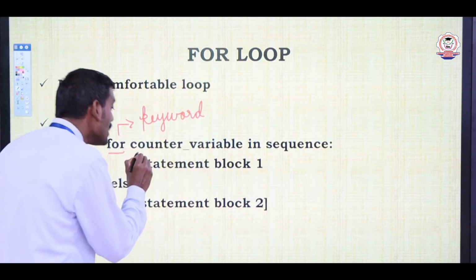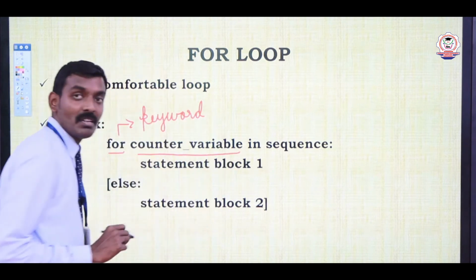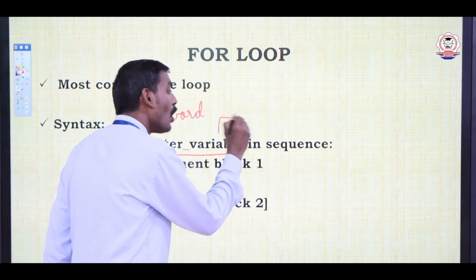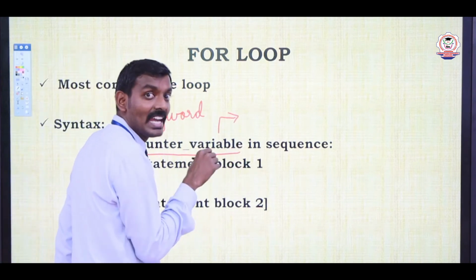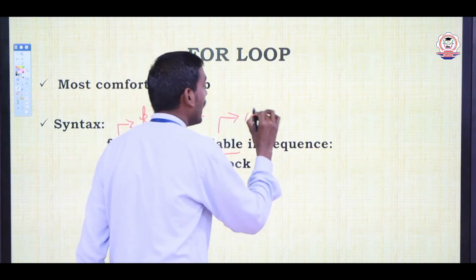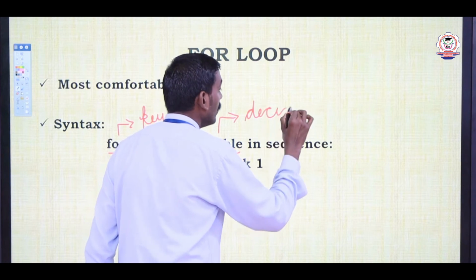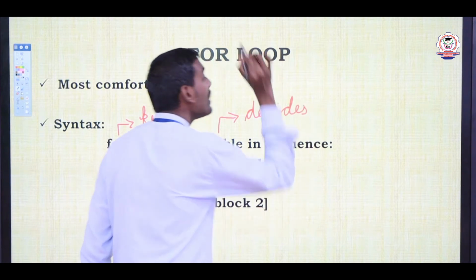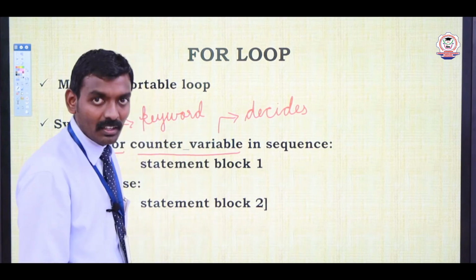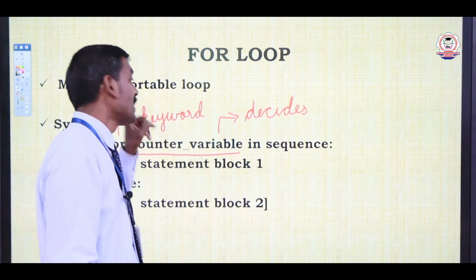And counter variable. The counter variable is also called a normal variable. It decides how many times the loop will be executed, so it is called the counter variable.